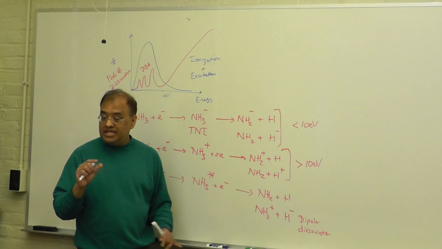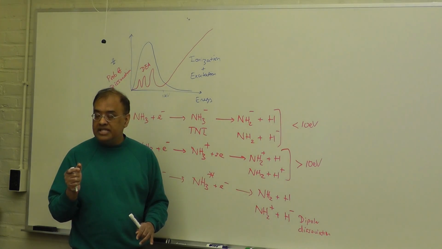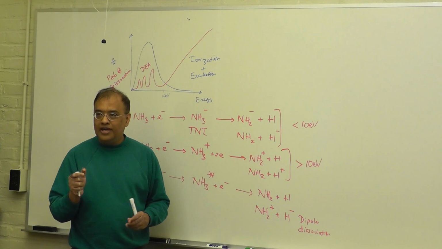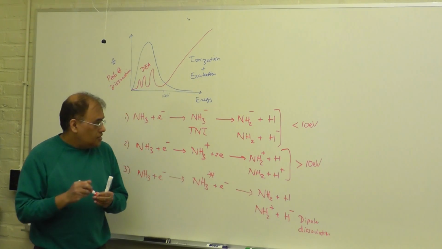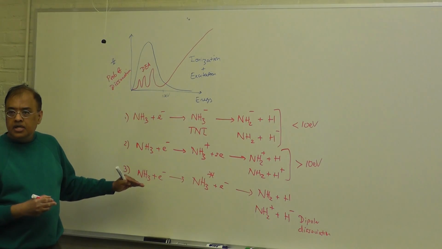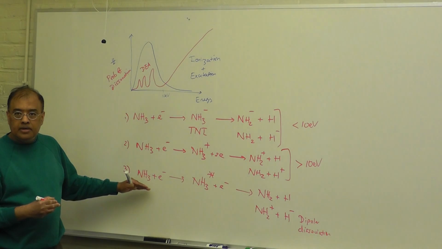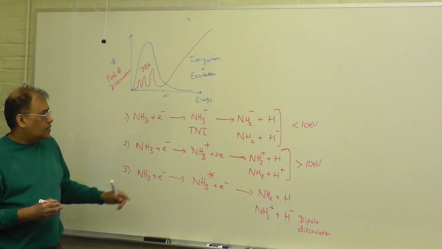Our mass spectrometer is set up to observe both negatives and positives simultaneously in a single experiment. We've never tried that yet. Okay? So these are the three mechanisms by which a molecule interacting with an electron can fall apart. All right?